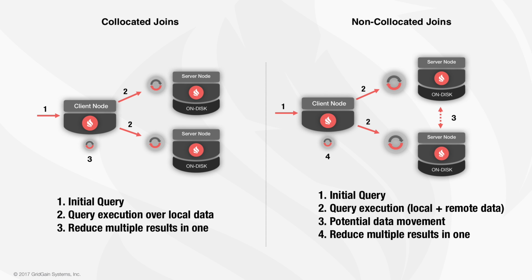If we assume that all the data is collocated, we call this process affinity collocation, then all the United States cities will be located here, and for instance, all the Brazilian cities will be located on other nodes.